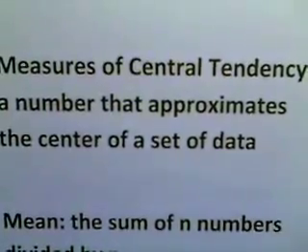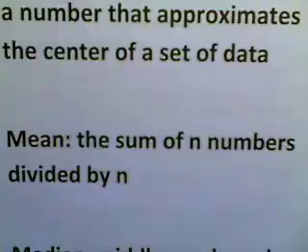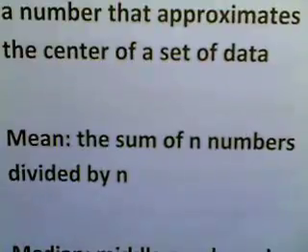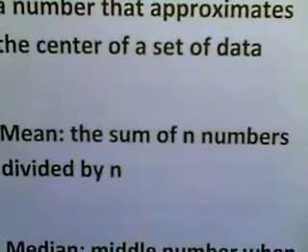One way of looking at our data is to try to see where the center of it is. And that's what the measure of central tendency does. There are 3 terms that we deal with in central tendency. One is the mean, where you find the average.